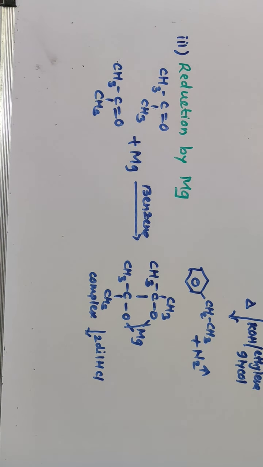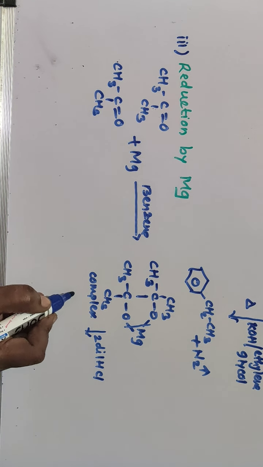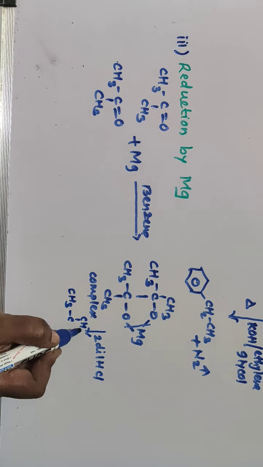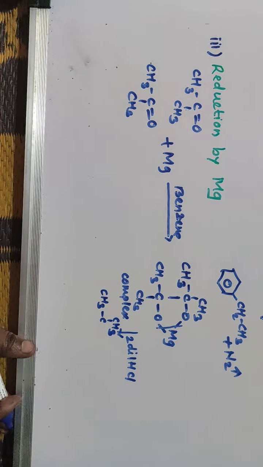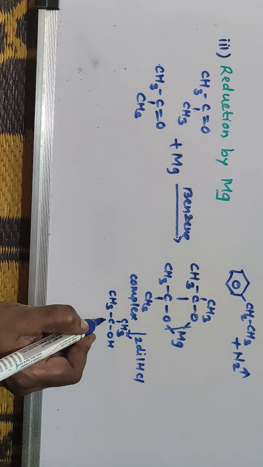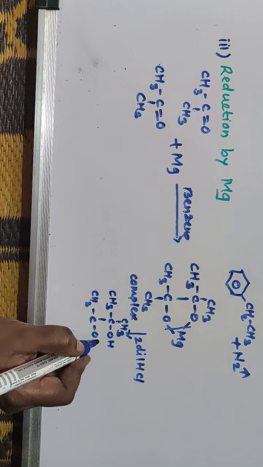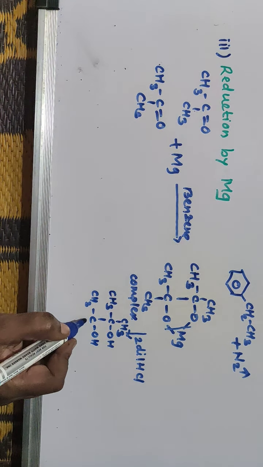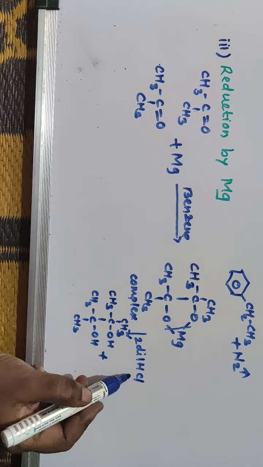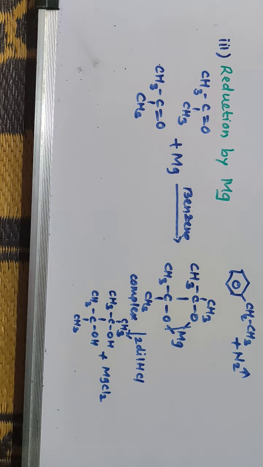Magnesium is replaced by hydrogen atom and you will get the compound CH3, CH3, OH, then CH3, OH, then here there is a CH3 group, plus the side product will be Mg, and these two Cl come together to form MgCl2, magnesium chloride.